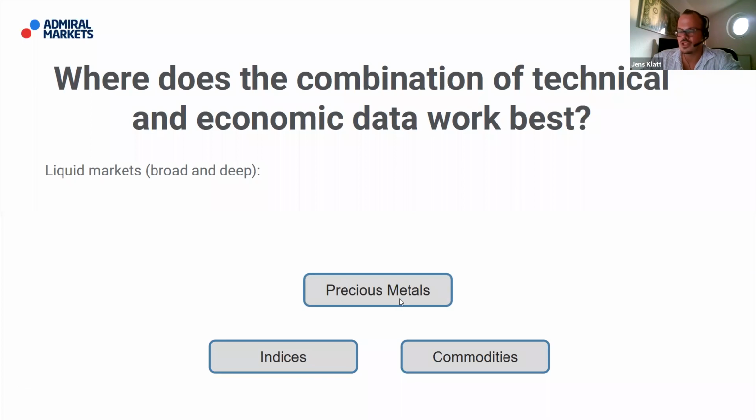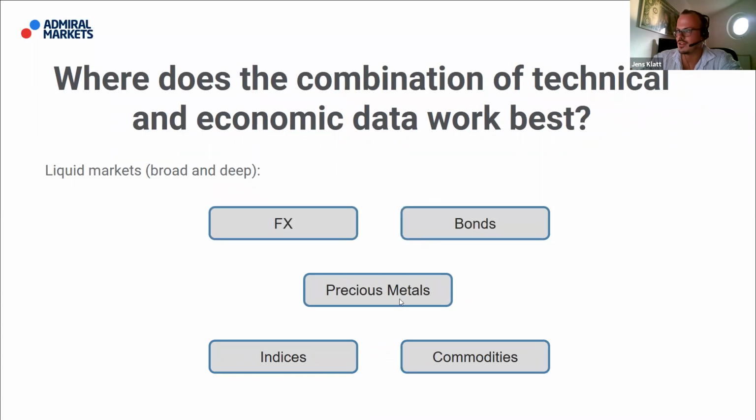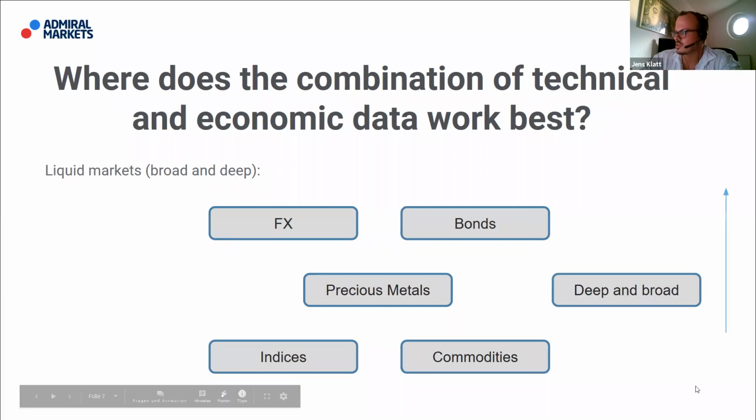Then you have precious metals like gold, and then ahead of this, probably even higher in FX, not just a little, but significantly higher in FX. So deep and broad starts to go from indices, commodities, over precious metals to FX and bonds, which means nothing more than what I just delivered, these fundamental aspects, they play out in FX and also bonds more heavily than they do in precious metals, and they do the least in indices and commodities.